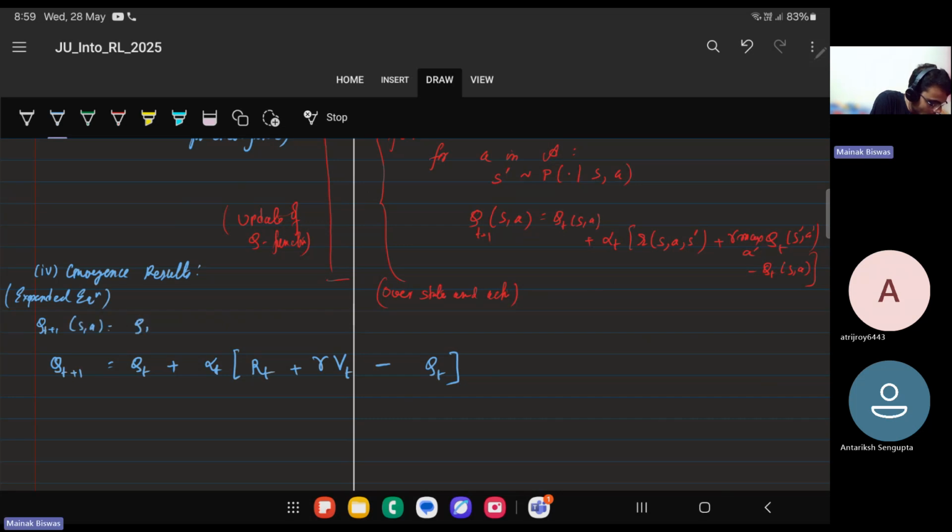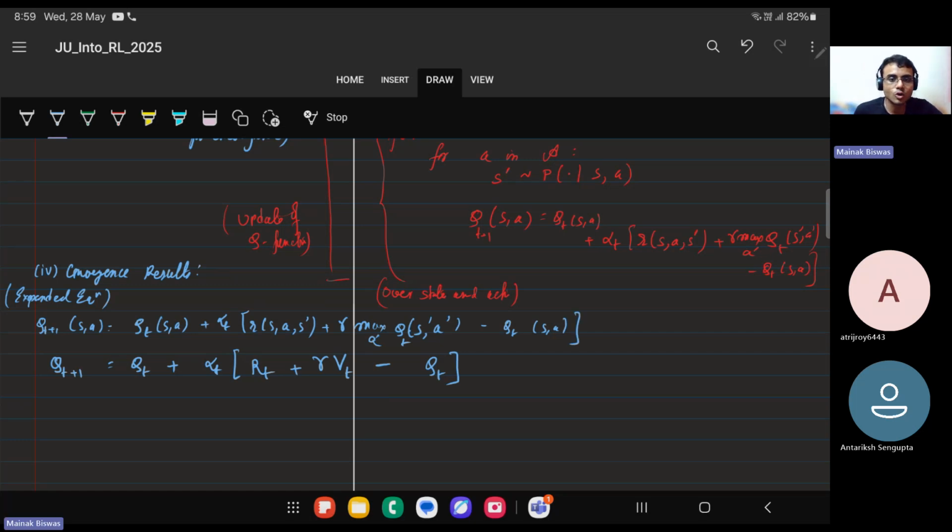The expanded equation is equal to Qt of s comma a plus alpha t. Okay, so this is the equation I know.